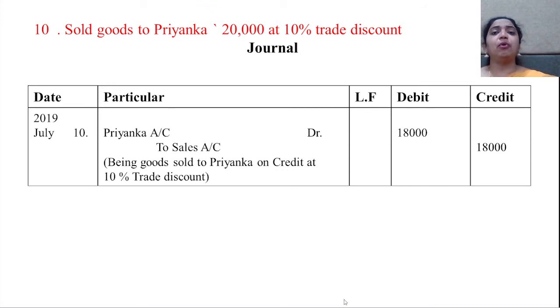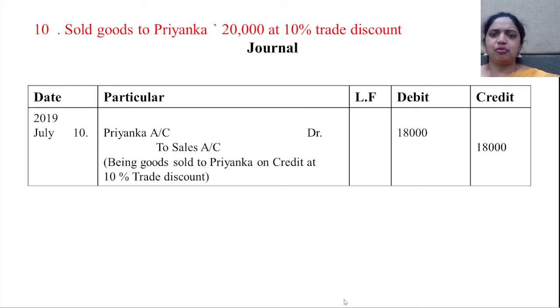Now we have to remove trade discount again, 10% on 20,000. How to remove? 20,000 into 10 upon 100. You will get the answer 2,000. This 2,000 you will deduct from the main amount. 20,000 minus 2,000, you will get the answer 18,000. This answer you have to write on the debit side as well as on the credit side.